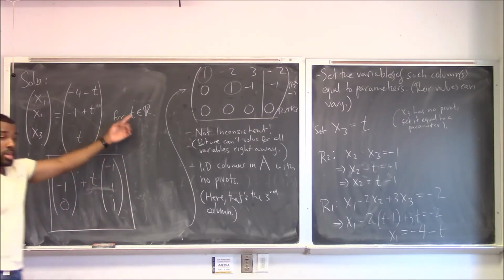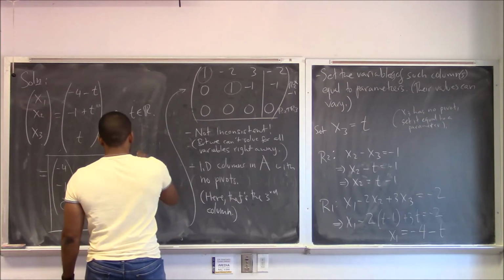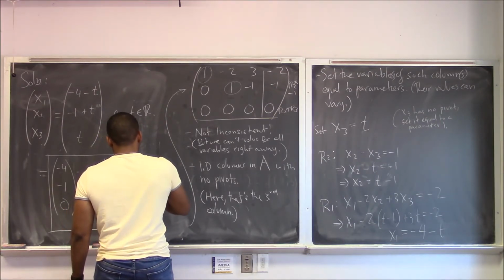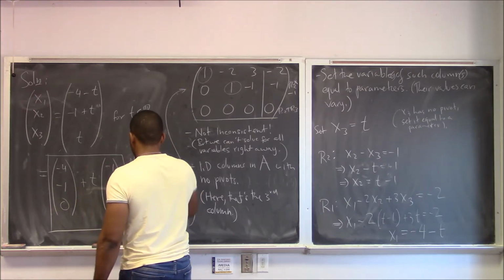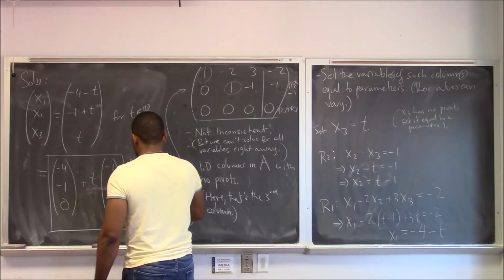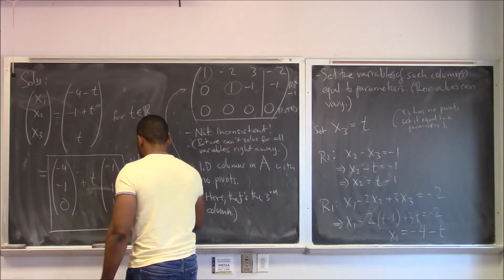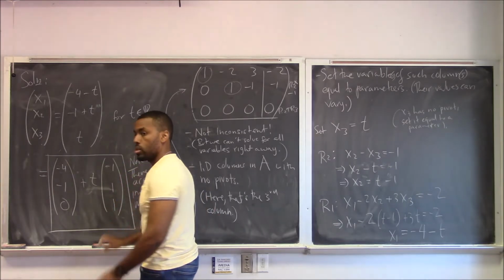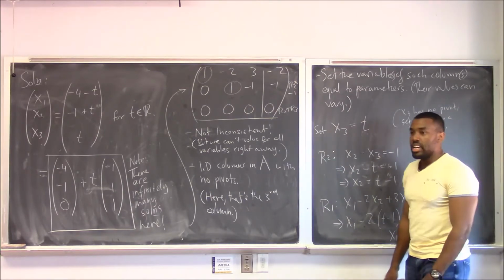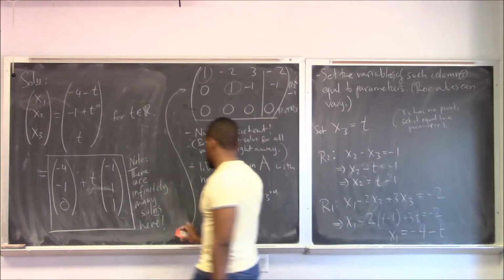And because t can be anything in R, note there are infinitely many solutions here. So it turns out not just one vector will solve this system, an infinite number of vectors will solve this system.